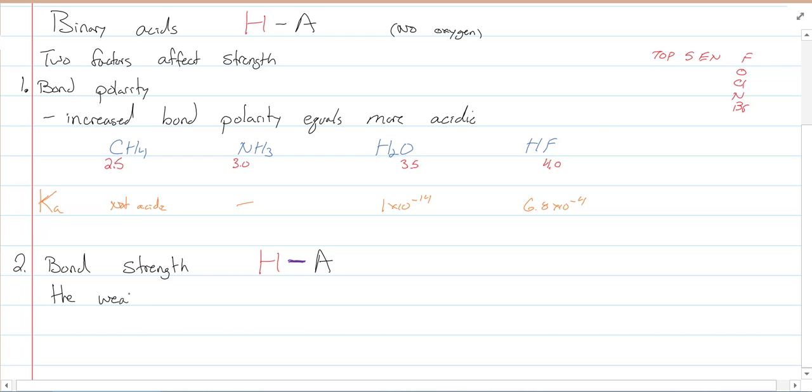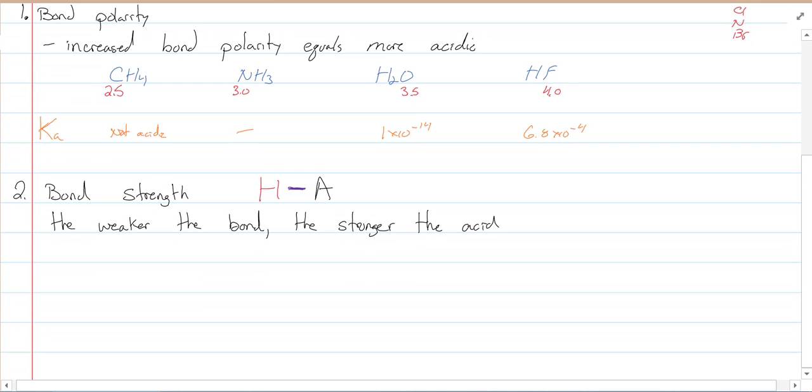That kind of makes sense as well, because it's more likely to break, more likely to dissociate. Some examples: HF, HCl, HBr, HI. Hydrofluoric acid, hydrochloric, hydrobromic, hydroiodic.